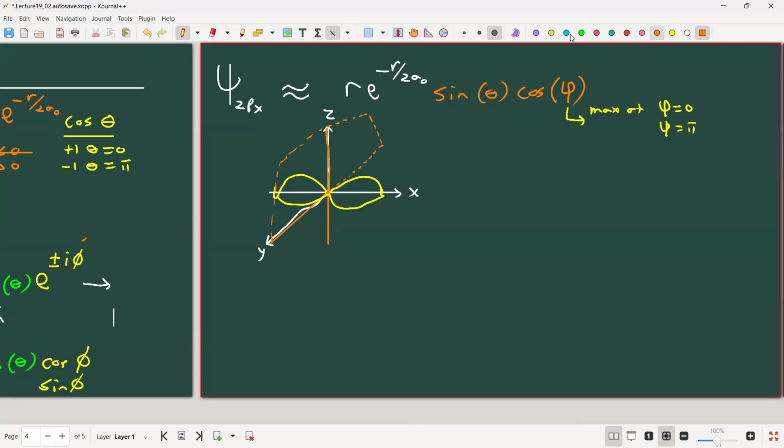And of course, one of them is a different sign than the other because of the negative cosine. So I got a negative pole here and a positive pole here. All right, so there's our 2px orbital.